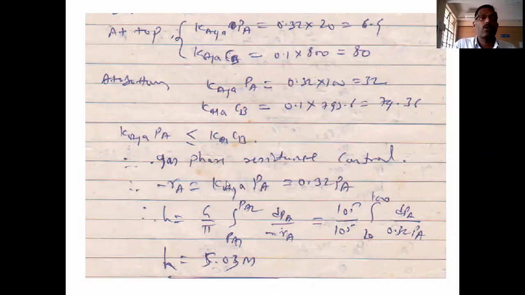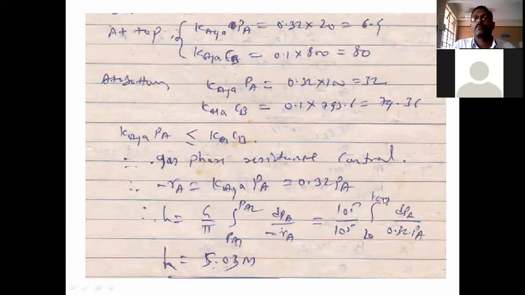So calculate the height of the tower. H is equal to G upon pi, integration from Pa1 to Pa2, dPa upon minus Ra. We know this equation. What is Pa1? It is 20. What is Pa2?